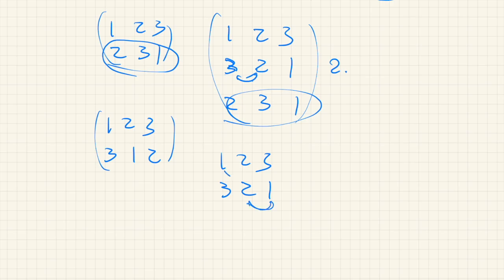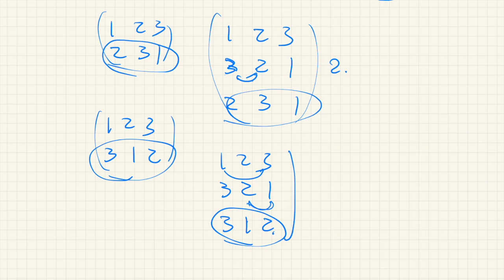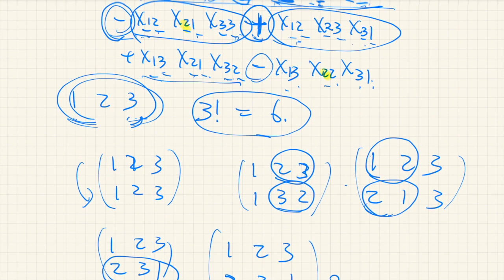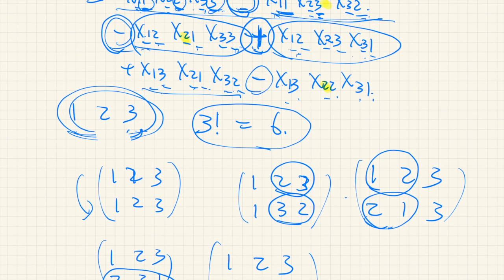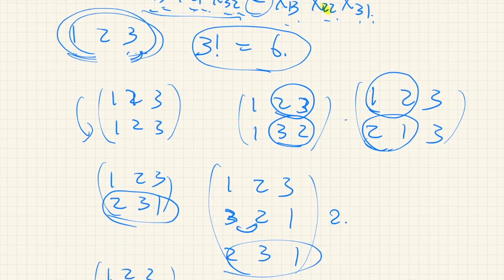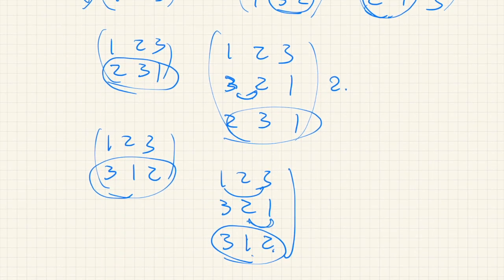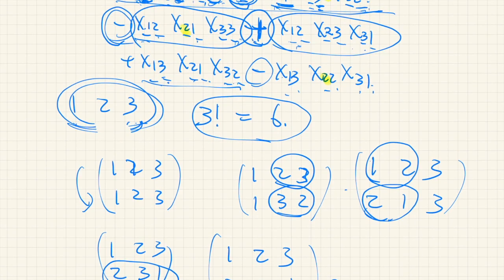Okay, 3 and 1, and 2 and 1. 3, 1, 2. So that's it. So we swapped 2 times. That's an even number, and we have the positive sign. Which one was it? 3, 1, 2. Oh, this one. Okay, positive sign.